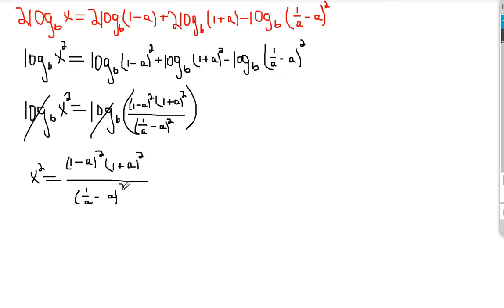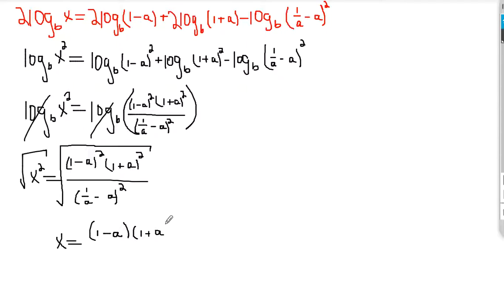Now, as you may or may not have noticed, all three of these factors here are squared, and we have a squared term on the left. So I'm going to take the square root of both sides, and in turn that will cancel out these squares. And we're almost to the finish line. Just a little more algebra, and we will be there.